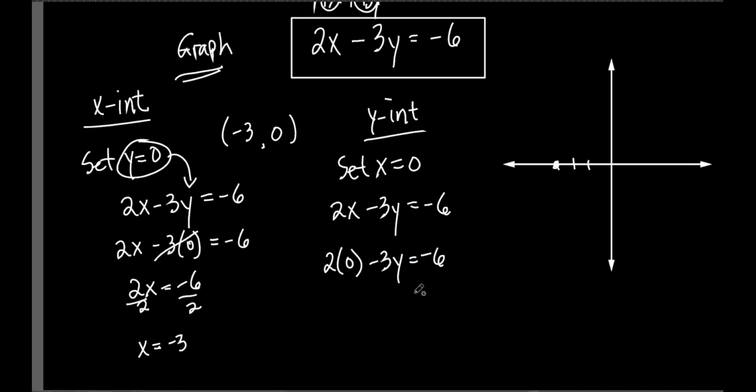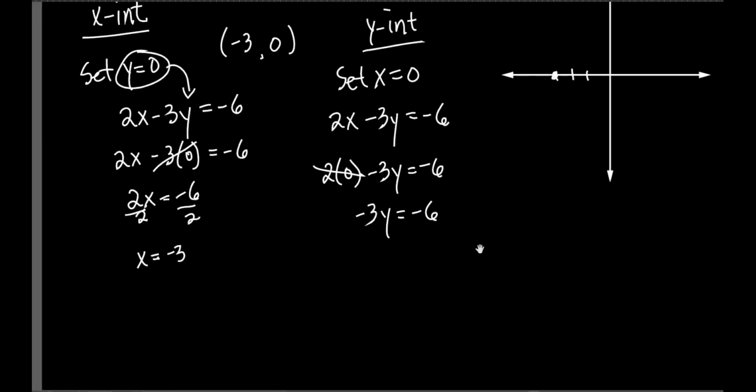What am I going to solve for? I'm going to solve for y. What's 2 times 0? It's 0, so it just basically goes away. And what am I left with? Negative 3y equals negative 6. One step, and I got my y-intercept. What do I have to do? Divide by negative 3. Very good.